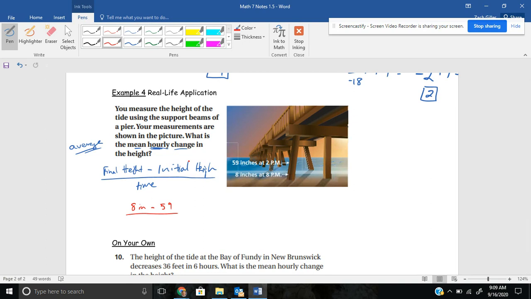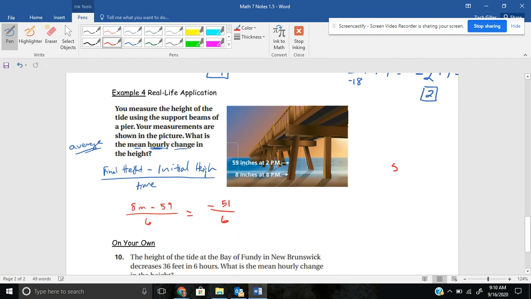So from 2 to 8, that would be 6 hours. Okay. Let's do a little math here. 8 minus 59. Definitely couldn't do that in elementary school, so I know it needs to be negative. And 59 minus 8 is 51. And I just need to take negative 51 divided by 6.